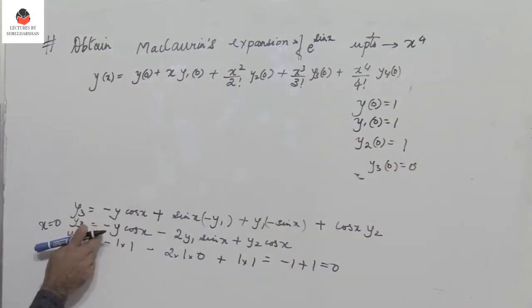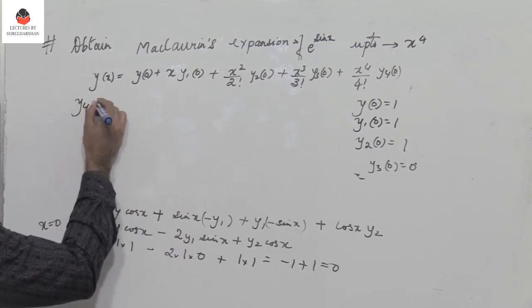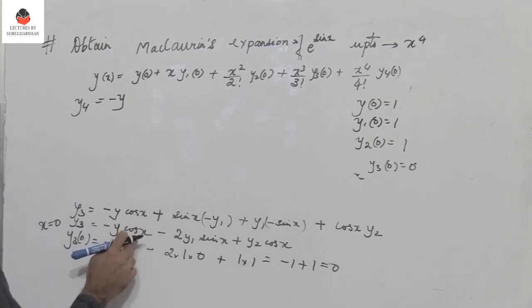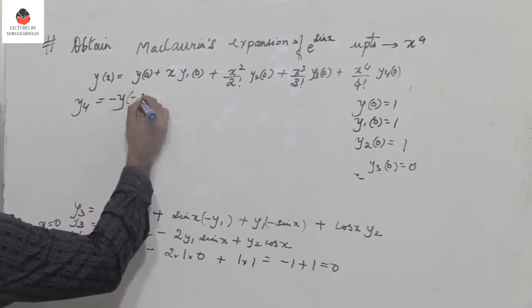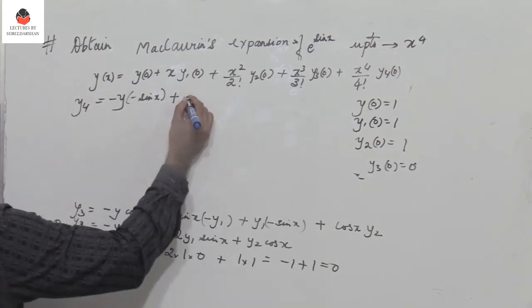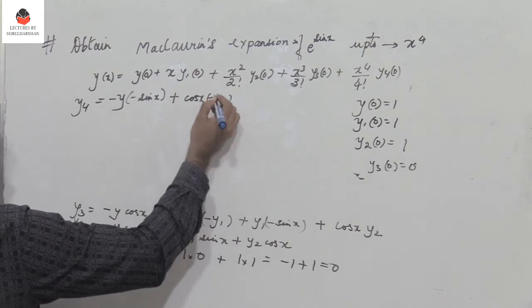So I differentiate this expression y3 once again because I need y4. y4 equals the differential of cos x, which is minus sin x, into minus sin x plus cos x, the differential of minus y is minus y1.